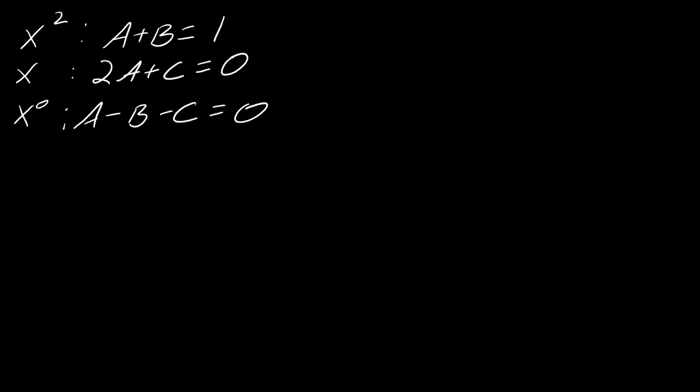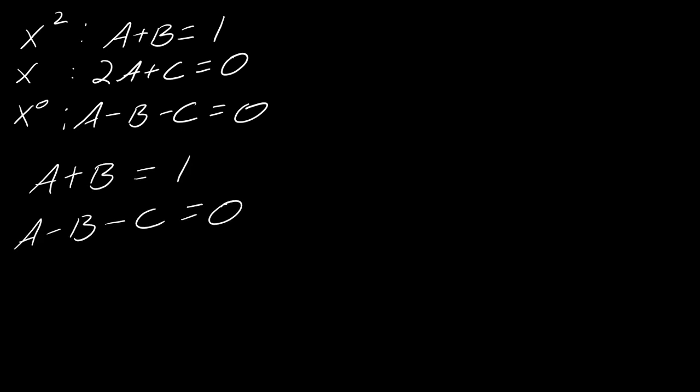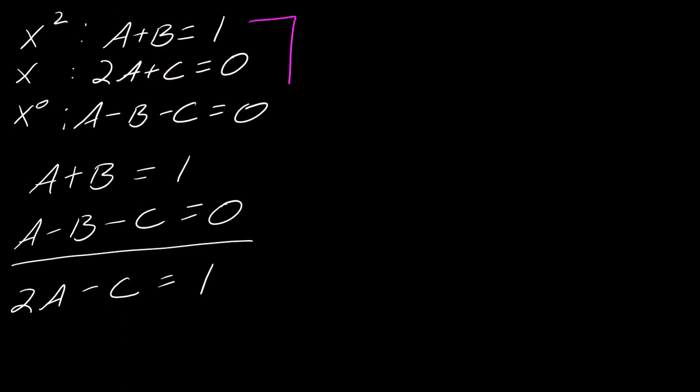Okay, so in this case, what I want to do is combine the first equation and the last equation, because when I use elimination, this is going to give me 2a, the b's will drop out, minus c equals 1. So now I've taken these two equations, and now I've gotten this down to just in terms of a and c, so now I can match that up with this equation here.